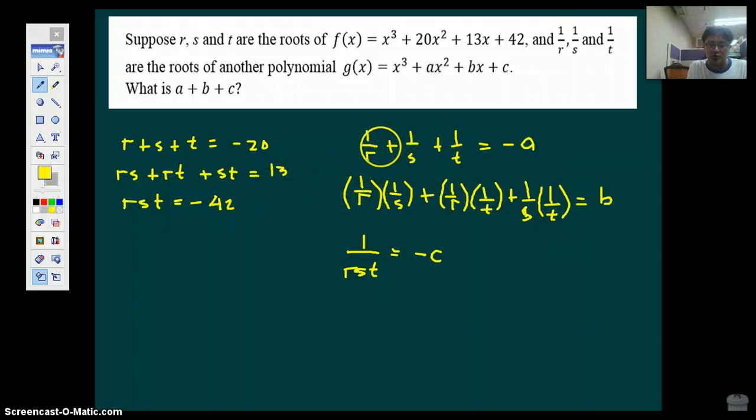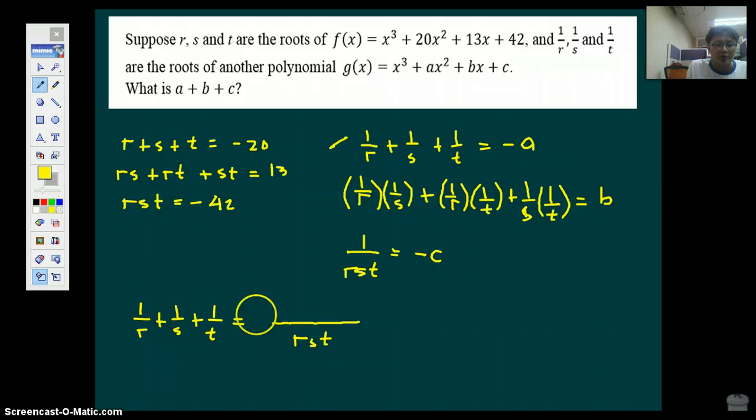So let's start with 1 over r plus 1 over s plus 1 over t, knowing this is equal to negative a. Combining the fractions, rst divided by r gives you st, rst divided by s gives you rt, and rst divided by t is rs.